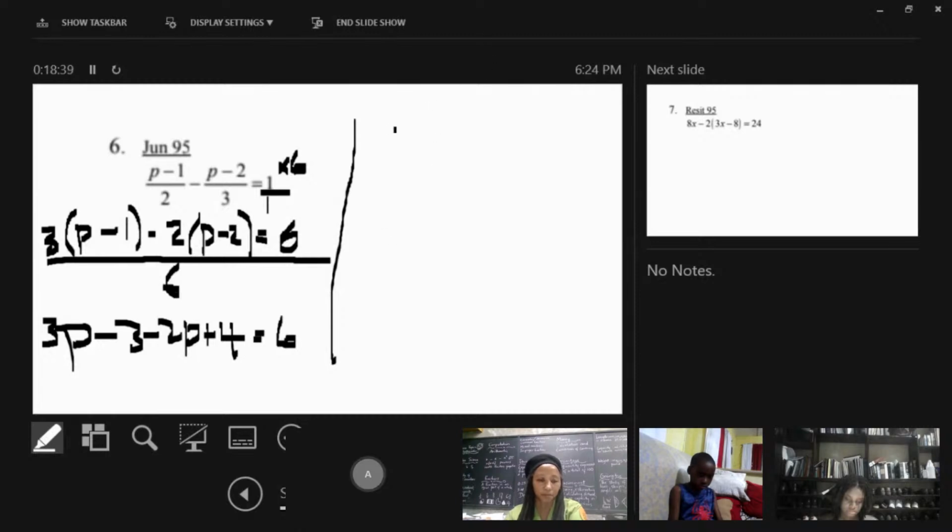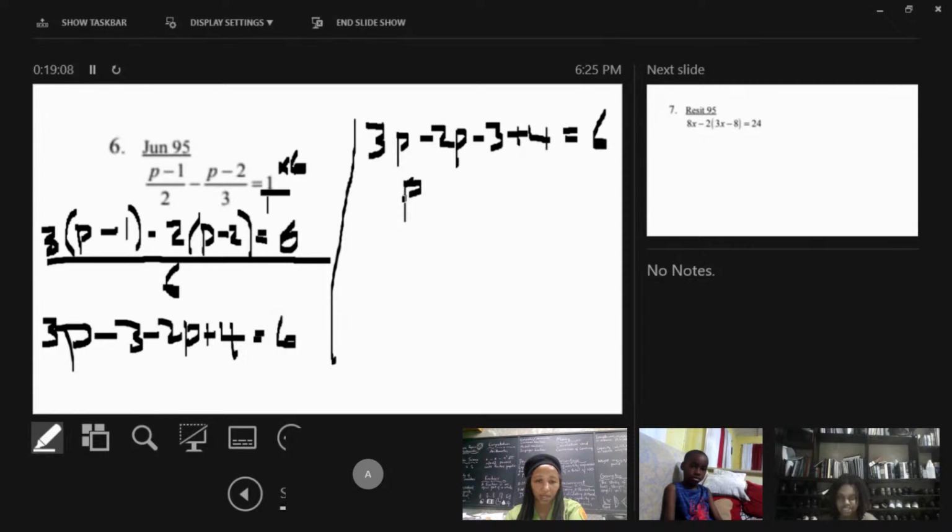Okay, Miss. So p plus 1 is equal to 6. Let's group the like terms: 3p minus 2p, and minus 3 plus 4. You're saying this gives 1p, yes, Miss, and the negative 3 plus 4 gives 1.